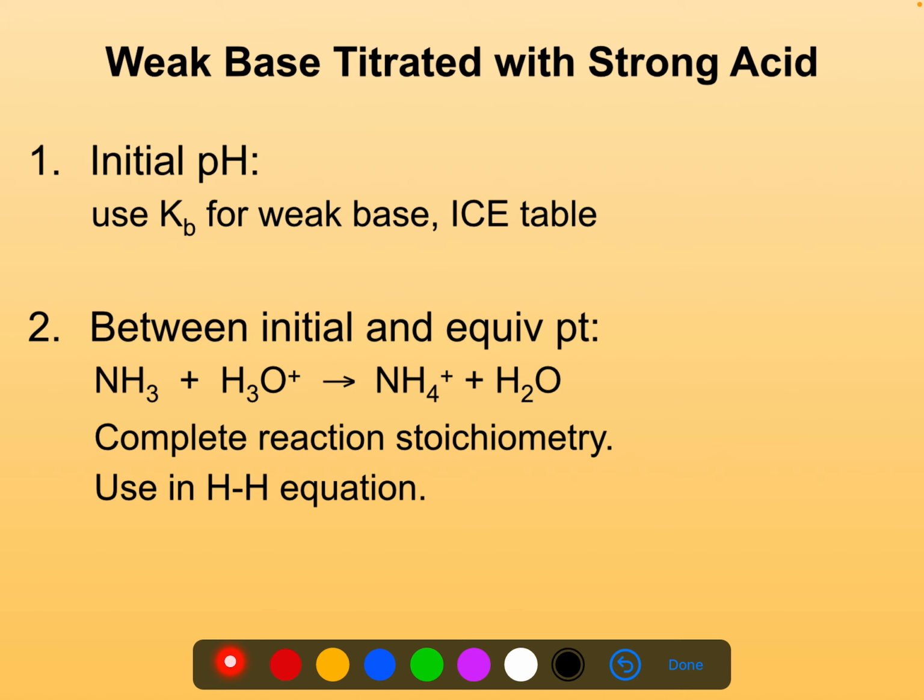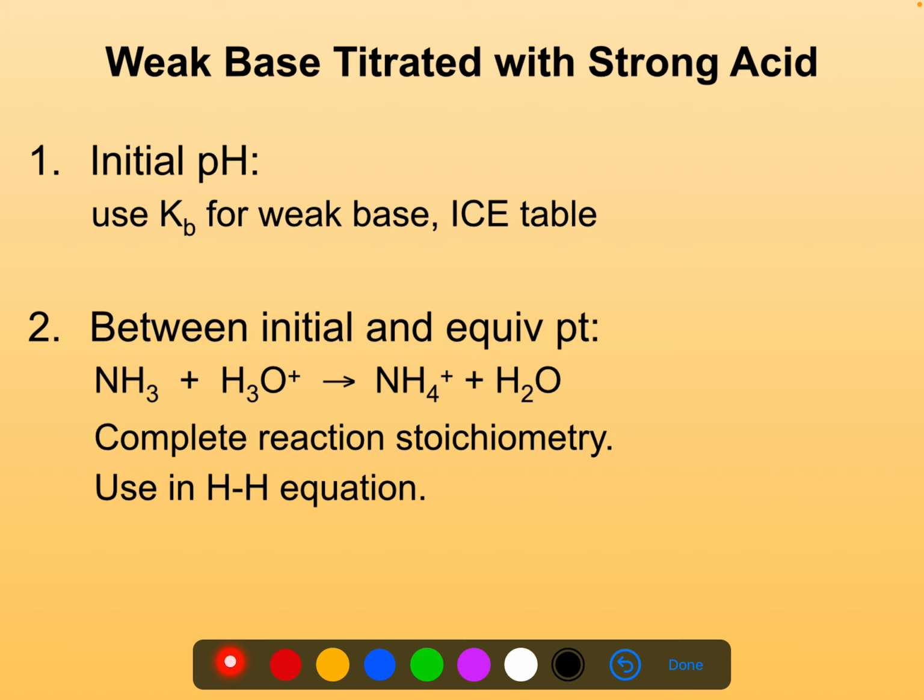Anytime before the equivalence point, we can have our reaction that is occurring. We would get our amounts of our weak base and conjugate acid, and those would plug into the Henderson-Hasselbalch equation. Very similar to what we did yesterday with weak acids.